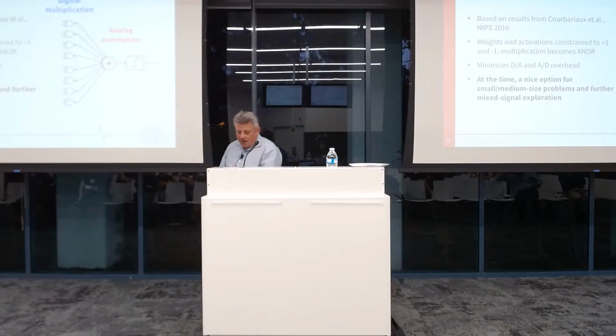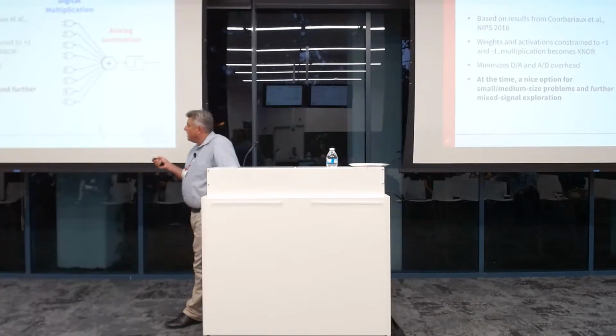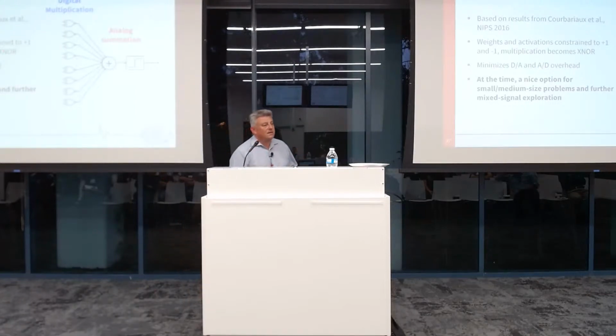And so at the time, we got very lucky because the neural network architecture folks came up with a way to build neural networks with just binary weights. So weights that are plus minus 1. And the contribution really was, how do you train such a beast? And they figured that out. And what this means is if you can build a network with 1 bit, your multipliers just become XNOR gates.